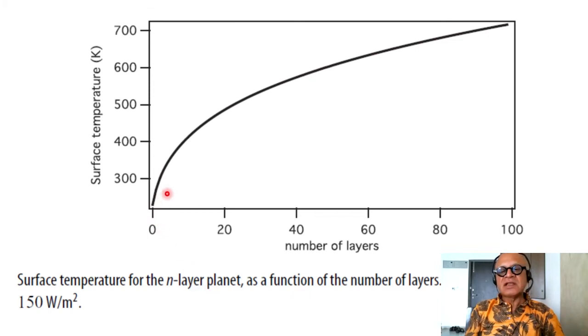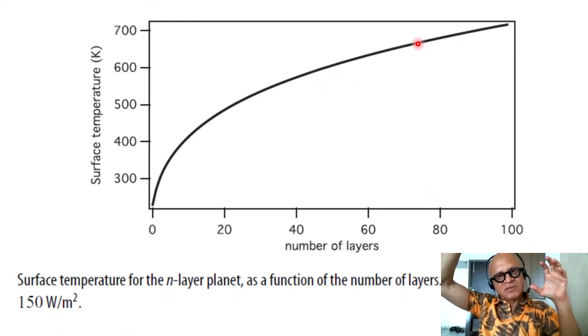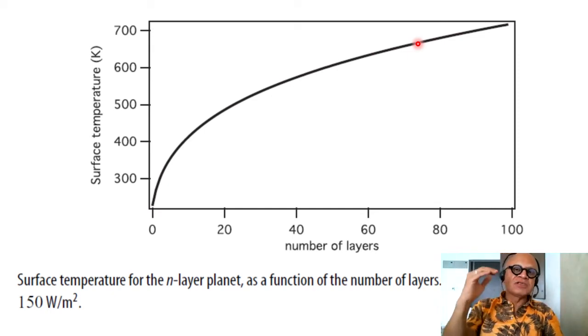So you can see that as the number of layers increases, the surface temperature does begin to saturate. So in that sense, band saturation does begin to limit how warm the surface can get, but that doesn't limit the greenhouse effect, because the layers begin to move. The top layer where the energy is released begins to rise.